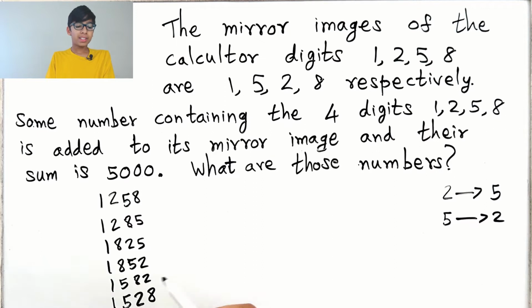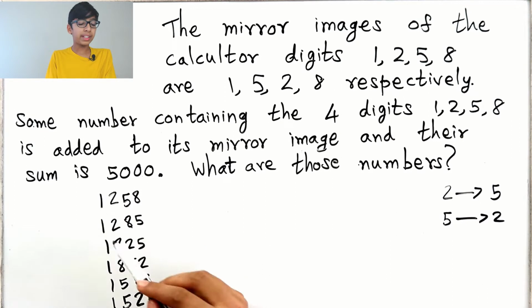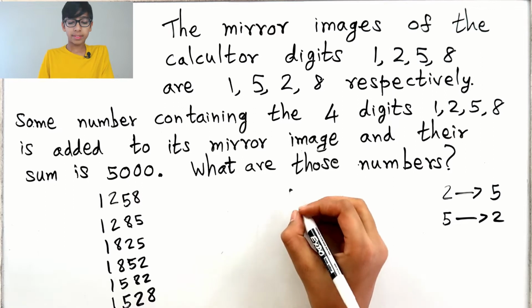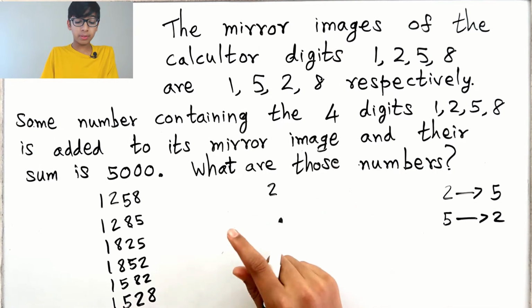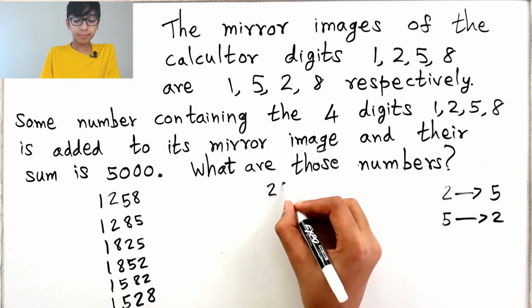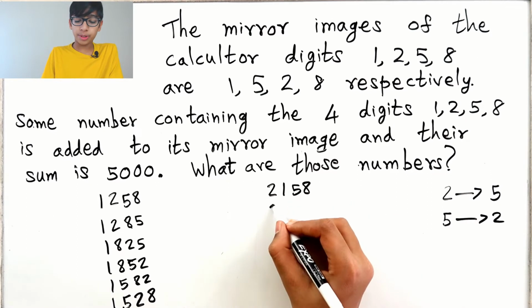Now let's say 2 is over here instead of 1. So it would be 2, 1, 5, 8. So I'm just going to do it.